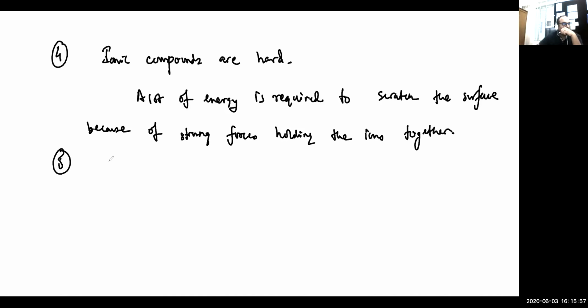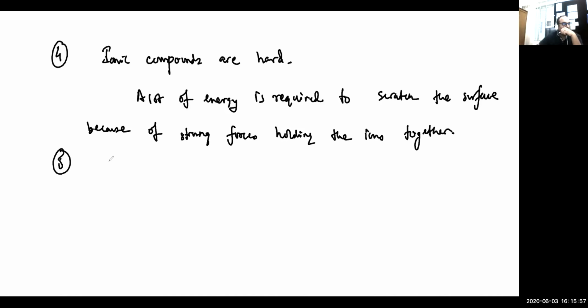Sir, are these physical properties? Physical properties, yes. You just wrote hard, and now brittle. Hard and brittle: if you want to break a stone, you will need a lot of energy.